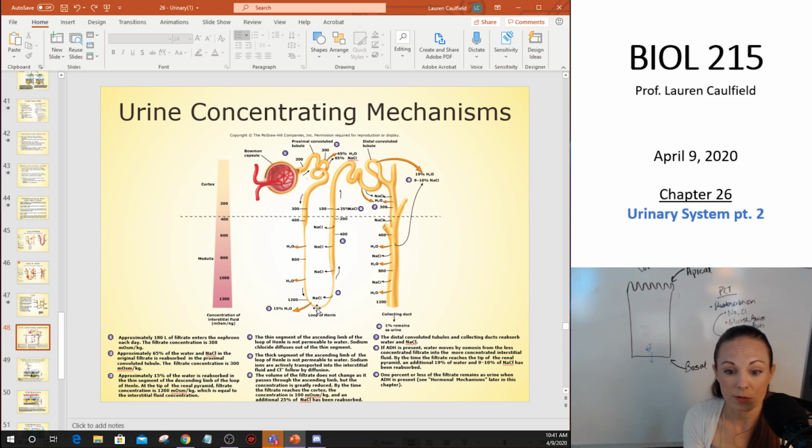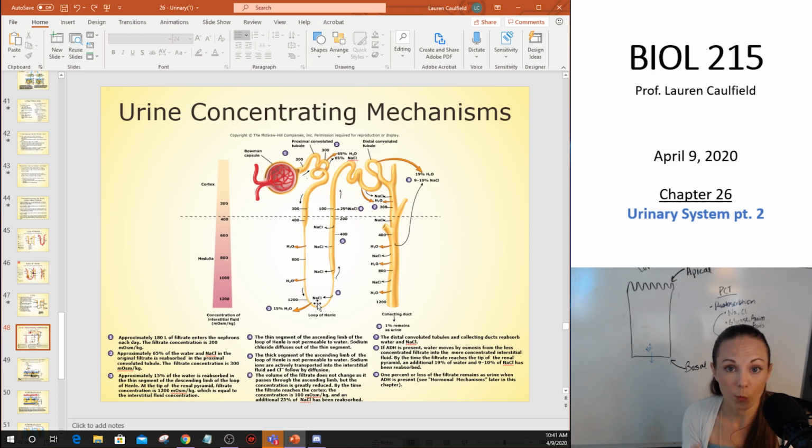So the concentration is going to be equal at the tip of the loop of Henle to that interstitial fluid. All right, and we're going to continue to equalize as we move down. So you can see here it's 800, it's 800. But as we descend, remember that concentration increases. So we're going to continue to move water out to keep equalizing those concentrations.